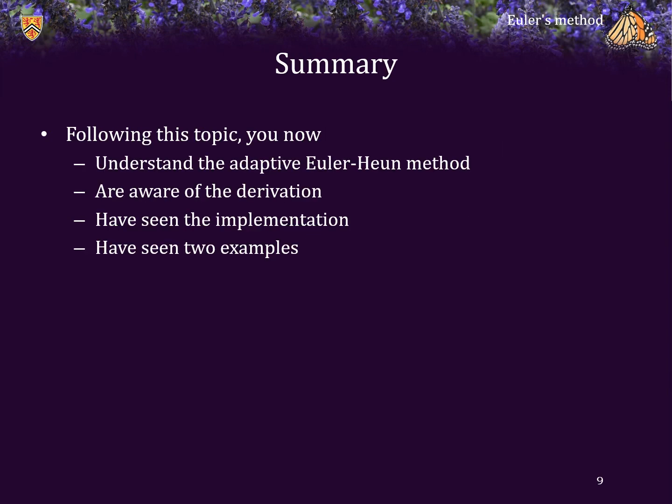Following this topic, you understand the adaptive Euler-Heun method and are aware of its derivation. You've seen the implementation of this method, and you've seen two examples. And specifically in those examples, you have seen how the step size can be made smaller or larger as necessary so as to keep the approximation within the bounds required.